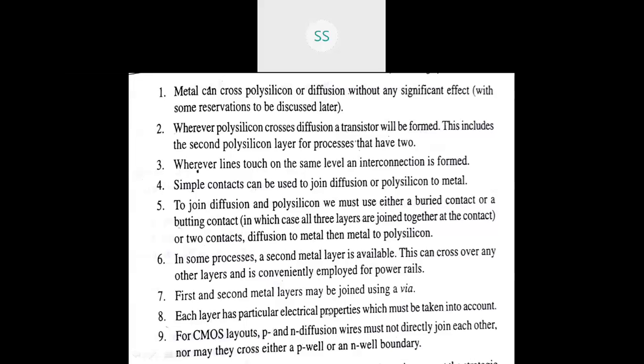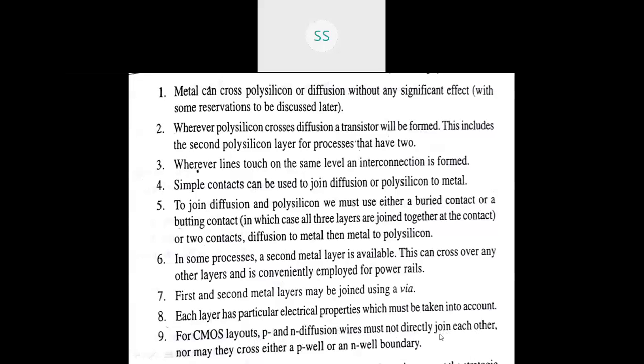That is a very general rule. Each and every layer in the design has its own electrical properties, and those properties should be taken into account. Then in case of CMOS layouts, where both PMOS transistors as well as NMOS transistors are there, the P and N diffusion wires must not directly join to each other. This rule we have used even in drawing the CMOS stick diagrams.